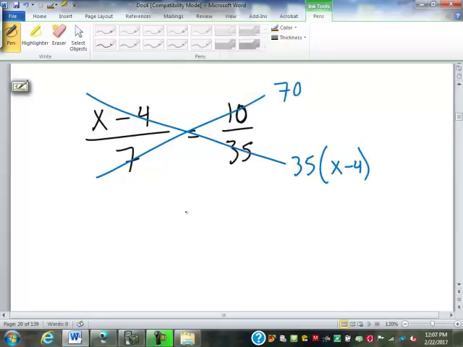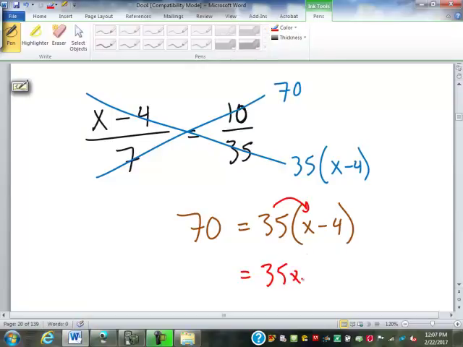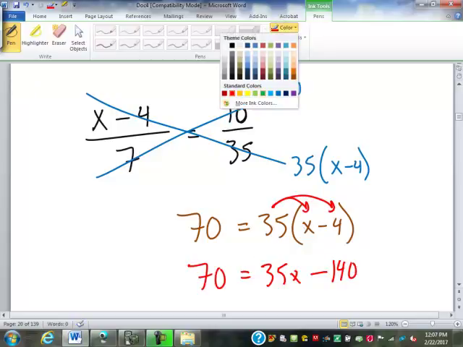So the equation I get there is that 70 equals 35 times x minus 4. And of course, we'd solve that. 35 times x is 35x. 35 times negative 4 is negative 140. The 70 on the left side has not changed.